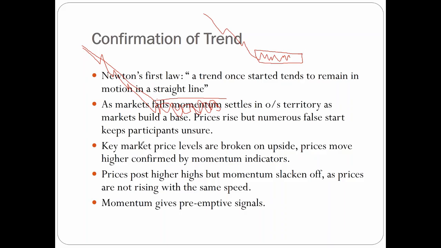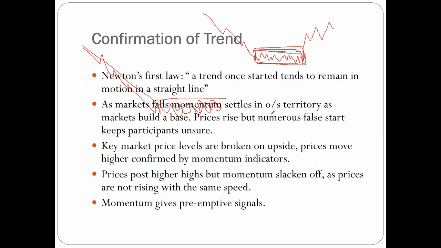Now what happens if these key market levels are broken on the upside? The price moves higher, confirmed by the momentum indicators. When a base has been made here, as the price is moving up and down, suddenly it will break this base and the prices will move higher.